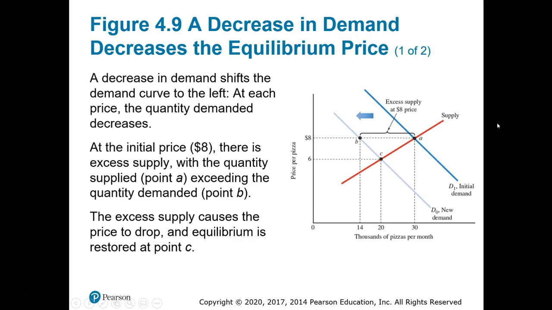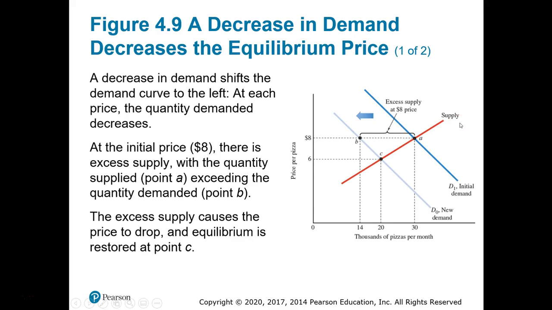The equilibrium price is then restored at point C at a lower price. So A to B is the cause, B to C is the effect. It creates an excess, drops the price. Lower equilibrium price, lower quantity.